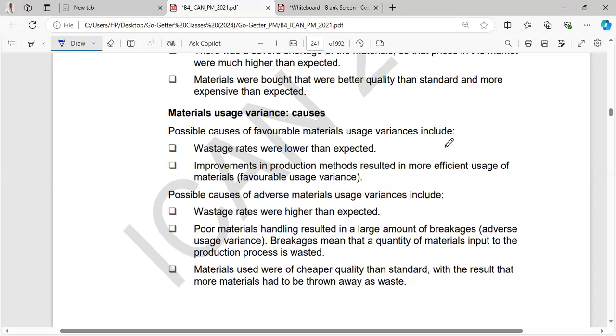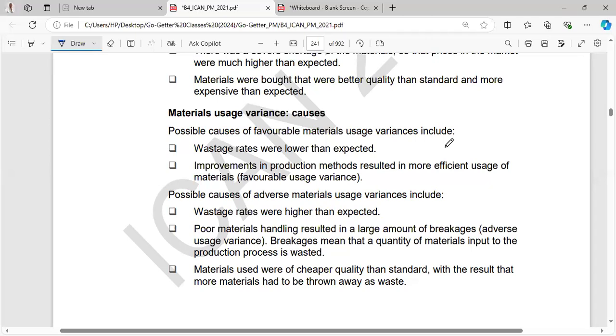It could also be poor material handling, resulting in material breakages. When material is breaking or spoiling because of poor handling, it means that you are going to have more wastage. Then, materials that were used were cheaper than the standard.